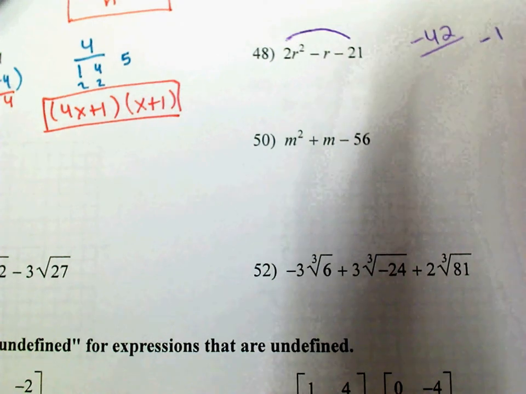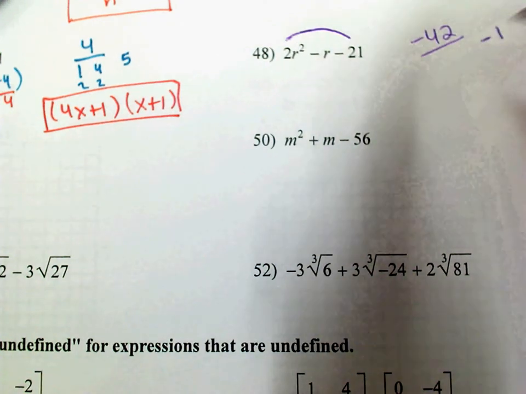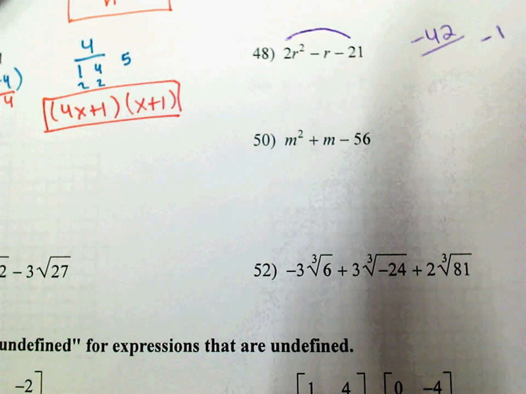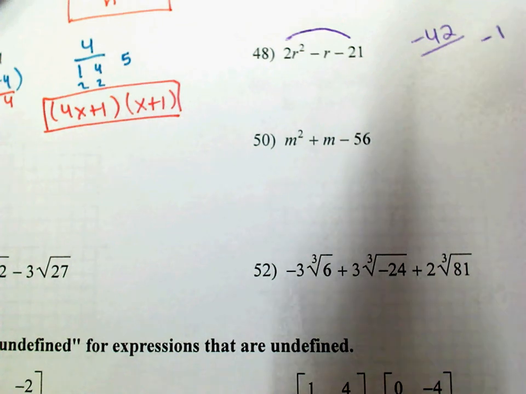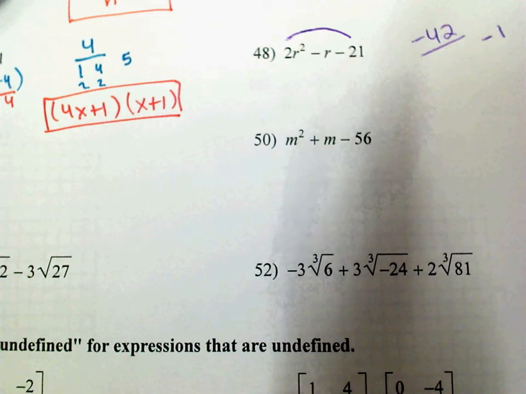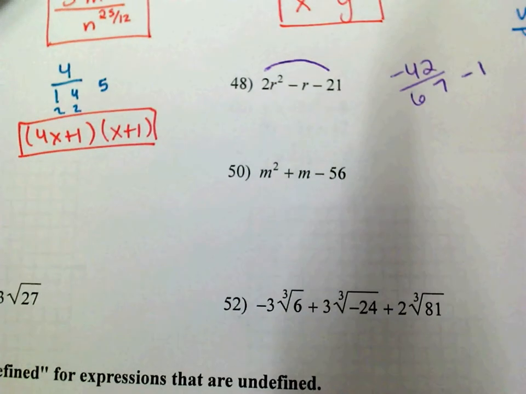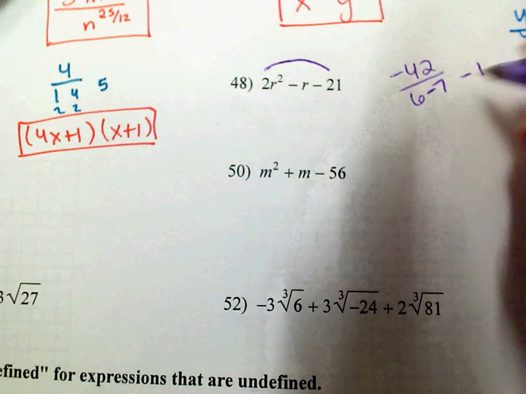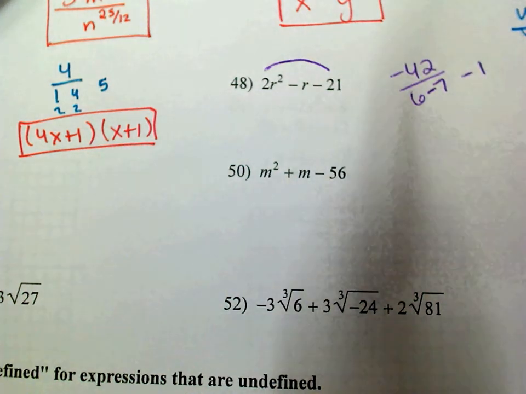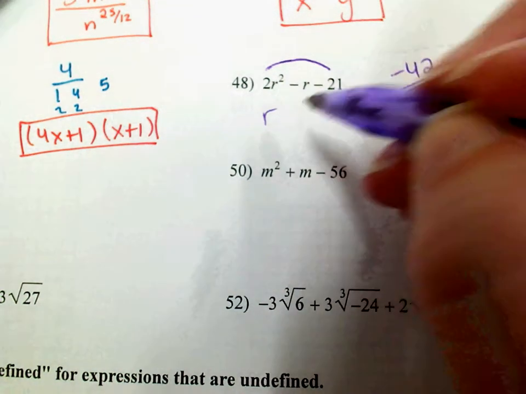So you got 1 and 42, 2 and 21, 3 and 14, and 6 and 7. Yeah? I'm thinking 6 and 7. Which one adds up to negative 1? Which one has to be negative? Good. I need a negative 7, so that adds up to a negative 1, yeah? So I'm going to write r plus 6 and r minus 7.